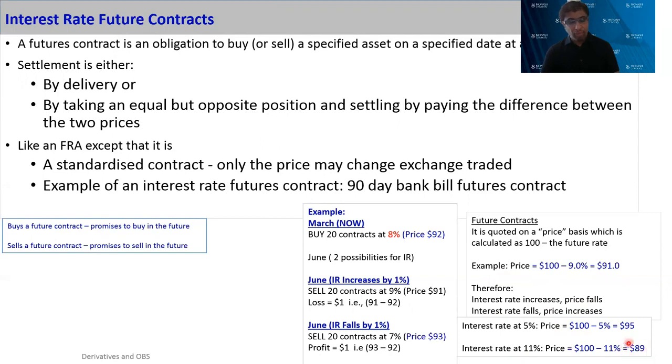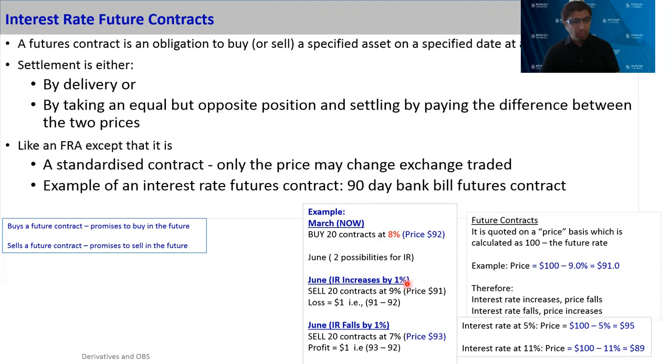So if you are actually a buyer now, then this is a problem. Let's take this example. If you buy 20 contracts at 8% today, which is in March, the first change in the interest rate may happen in June. And in June, there are two possibilities: maybe the interest rate goes up or goes down.